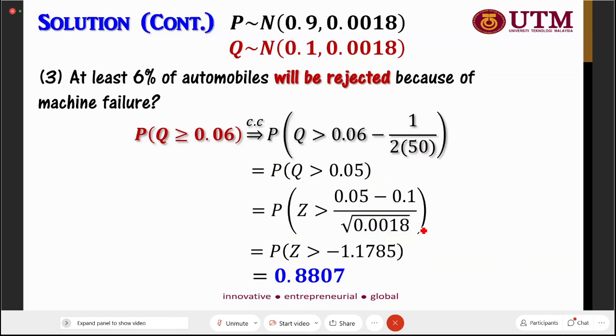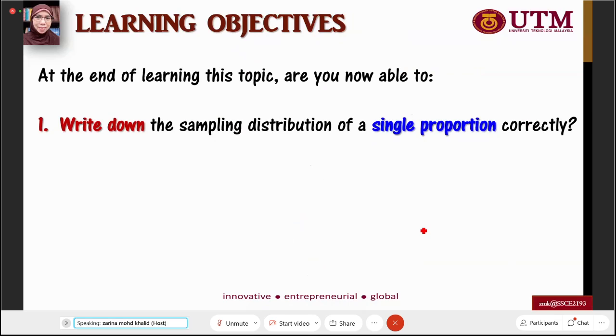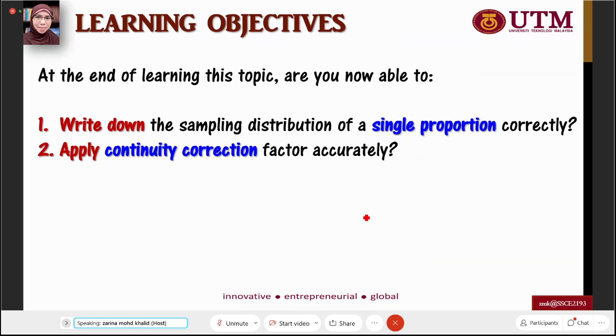So you should be able to write down the sample distribution of this single proportion correctly. Do you think you can do that, guys? InsyaAllah. The second learning objective: any idea to apply the continuity correction factor?